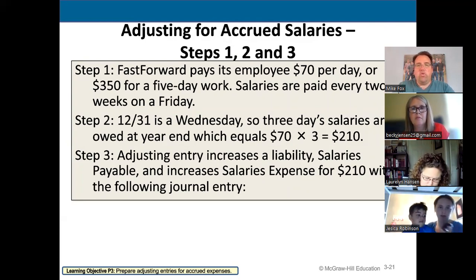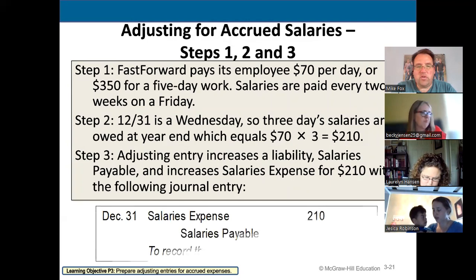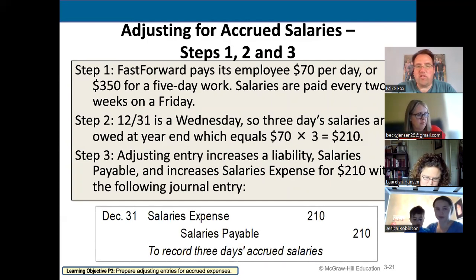Okay. So we take $70 a day times 3 days and do $210. And then we do an adjusting entry. We debit salaries expense and we credit salaries payable. And so remember that these always look the same.